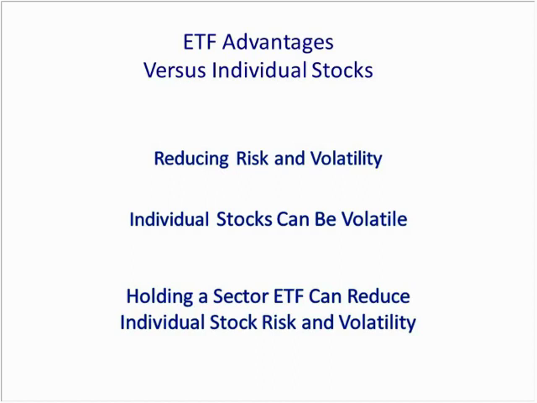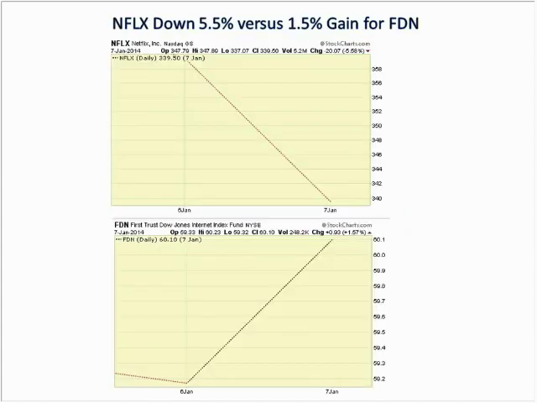If you trade ETFs, you can reduce that volatility and still participate in the strongest sectors. So holding a sector ETF can reduce the individual stock risk and also the volatility.